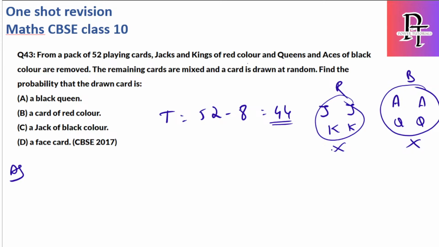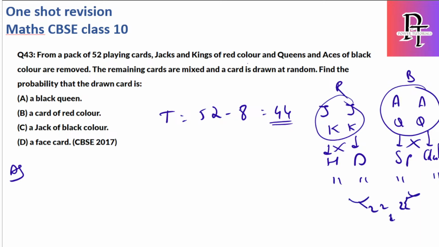So why did I write 2, 2? Because in red we have hearts and diamonds, and these are clubs and spades. So these are removed. Simply I can say I have 11 hearts, 11 diamonds, 11 spades and 11 clubs. This combined is 22, this combined is 22, hence we have a total of 44. I just wrote in the reverse way here. Previously I wrote from top to bottom, now I wrote bottom to top.